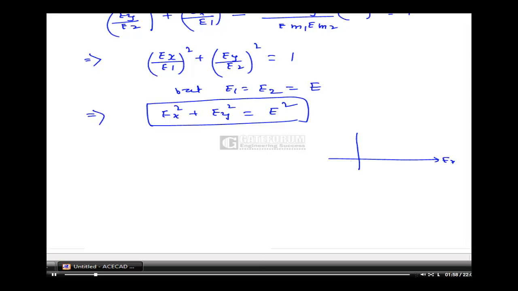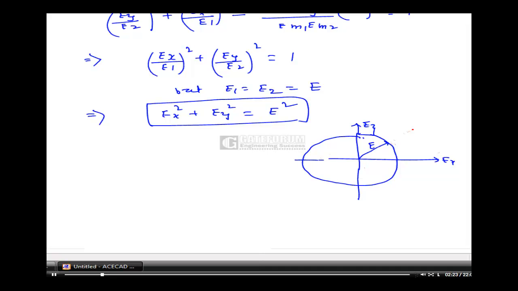This is Ex, this is Ey. If I draw a figure for Ex and Ey, this is nothing but the equation of a circle with radius E. So the resultant electric field is in the form of a circle, with the center 0, 0 and radius Em.